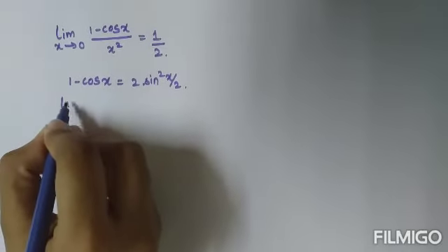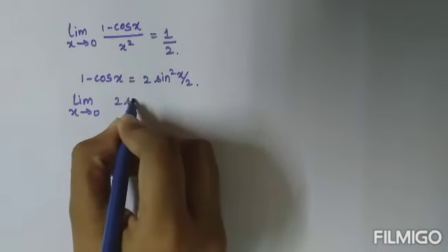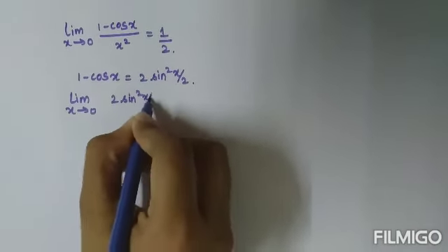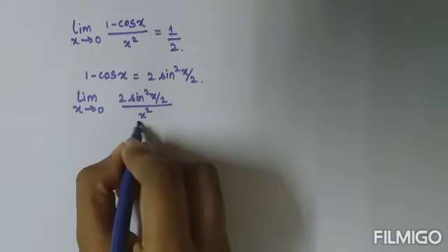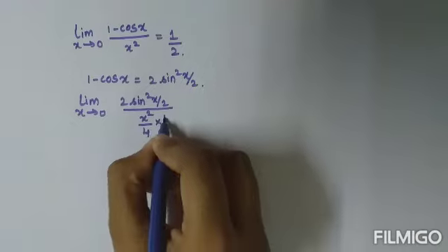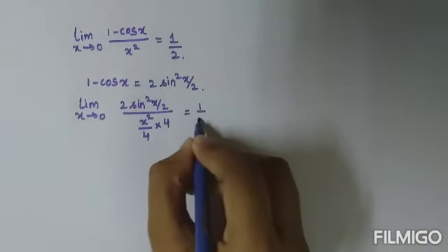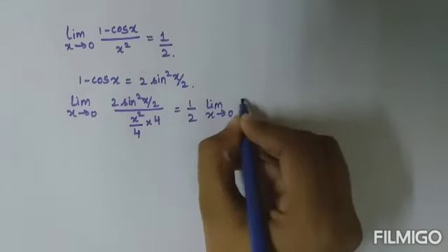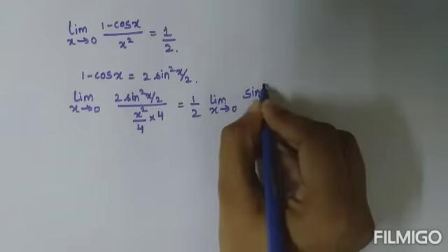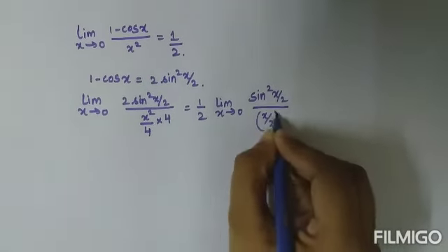So we can write this as limit x tends to 0, 2 sin square x by 2 by x square. If we divide and multiply by 4, this can be expanded as 1 by 2 into limit x tends to 0, sin square x by 2 by x by 2 whole square.